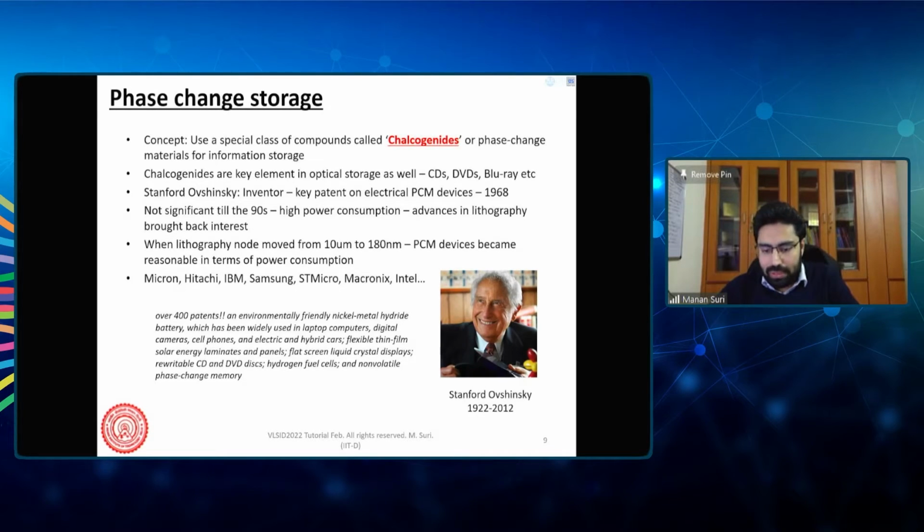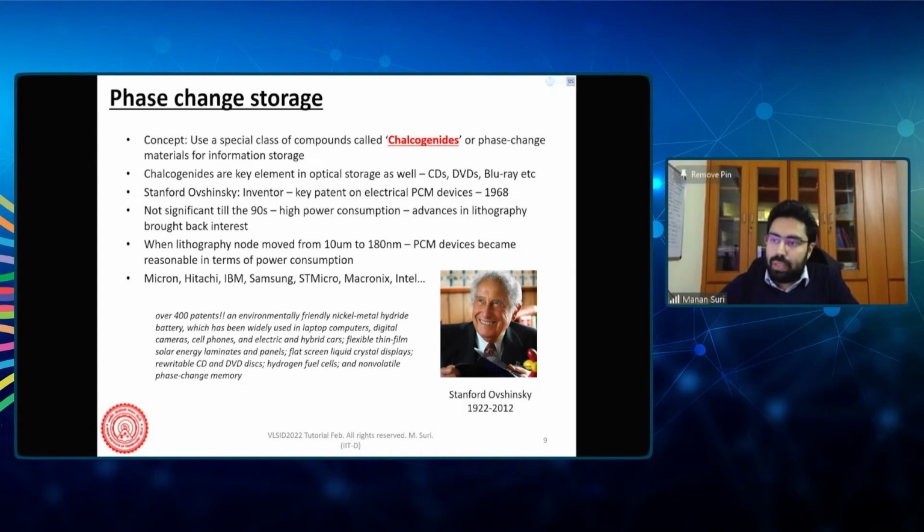And one of the most successful or classic cases for phase change based storage is coming from the traditional storage which we all have used quite extensively, which are CDs, your compact discs, or your DVDs. So your optical storage media already works on the principle of phase change, where you create amorphous or crystalline phase, and you encode your zeros and ones, your digital information, in the form of different phases of the material. So the concept has been around.